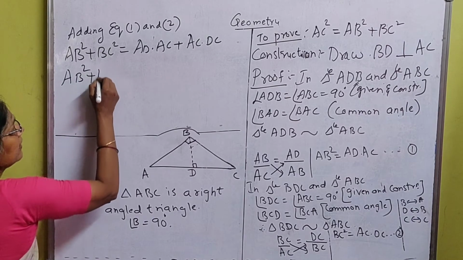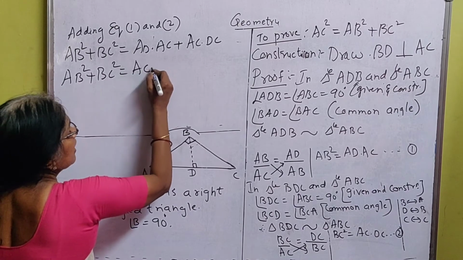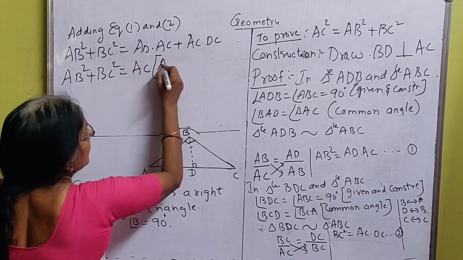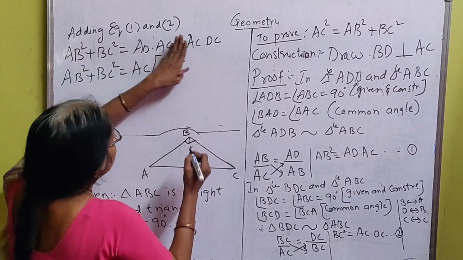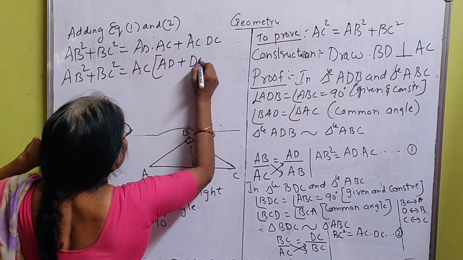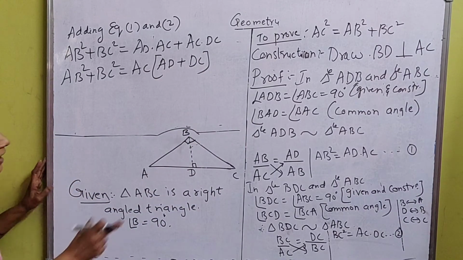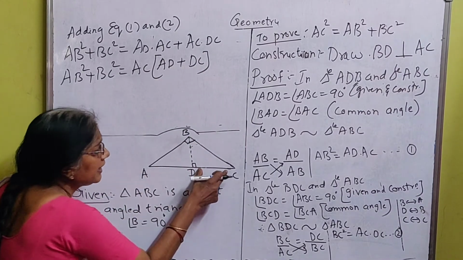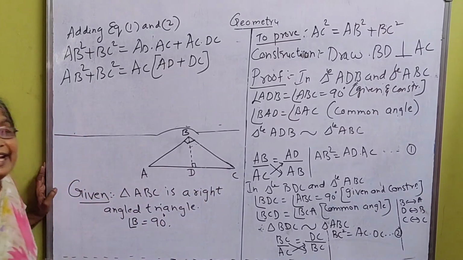AB square plus BC square is equal to AC, I will take out common. In the bracket, what remains if AC goes? AD. What sign? Plus. AC goes, what remains? DC. Now see in the diagram, AD and DC, both if I add, I will get the side what? AC.